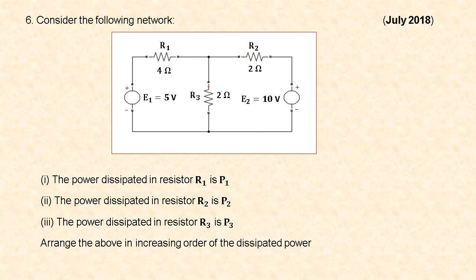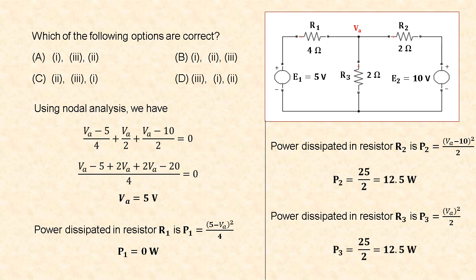The power dissipated in resistor R2 is P2. The power dissipated in resistor R3 is P3. Arrange the above in increasing order of the dissipated power. Which of the following options are correct? Option A 1, 3, 2, option B 1, 2, 3, option C 2, 3, 1, option D 3, 1, 2.